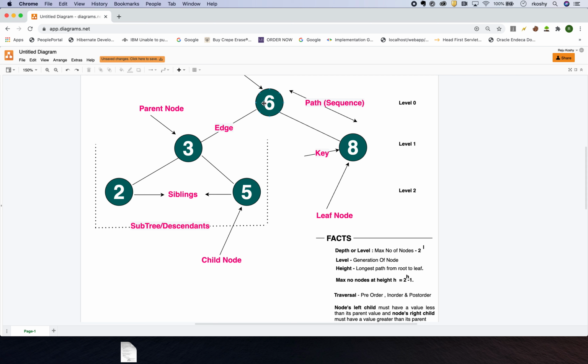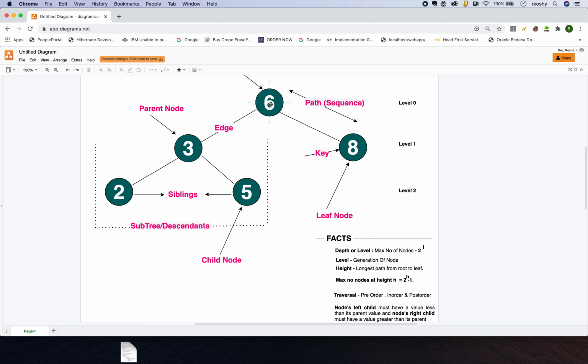Now the max number of nodes possible in this height is 2 raised to 2 minus 1, right? 2 raised to h minus 1. h is 2 here. So 2 raised to 2 minus 1, which is 2 times 2 minus 1, 4 minus 1, 3. So there can be 3 nodes maximum possible in this height, which is true, right? So in this height, there are 3 maximum possible nodes.